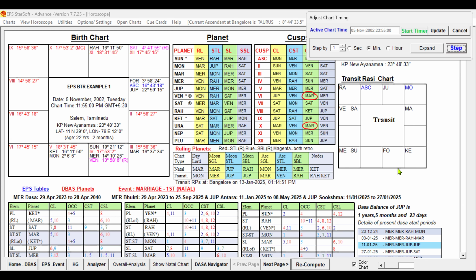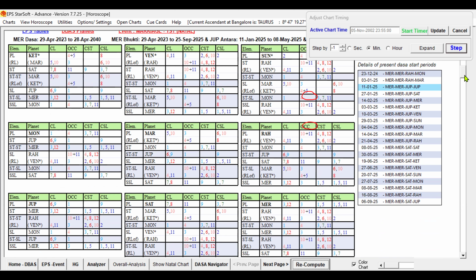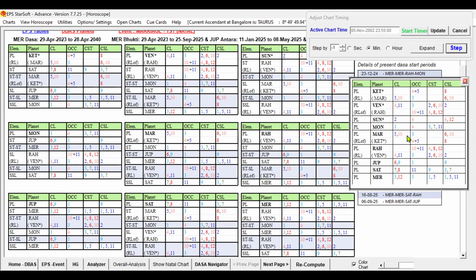Let us go to the Mercury table and check whether that birth time correction has given any sort of impact. Let me open the self-significations now. Now you can see that Mars has become the 6 and 10 cuspal sublord, right?